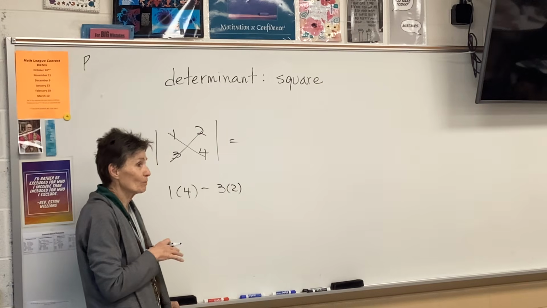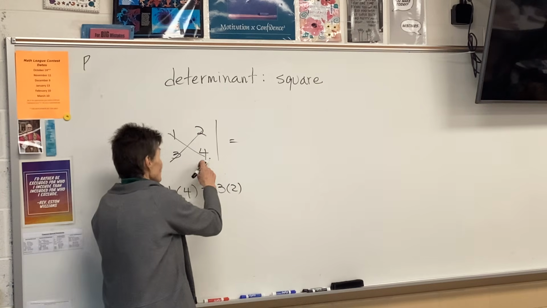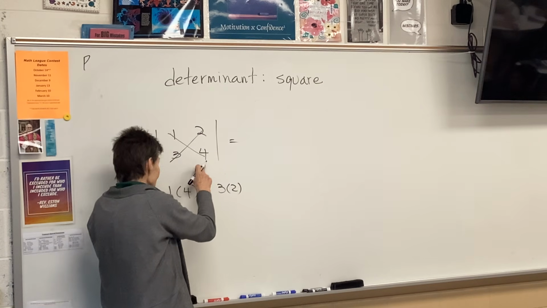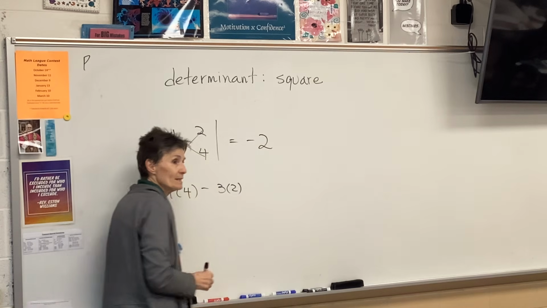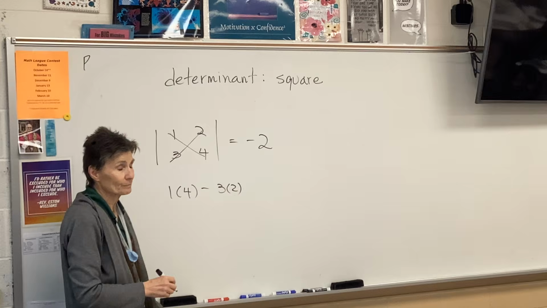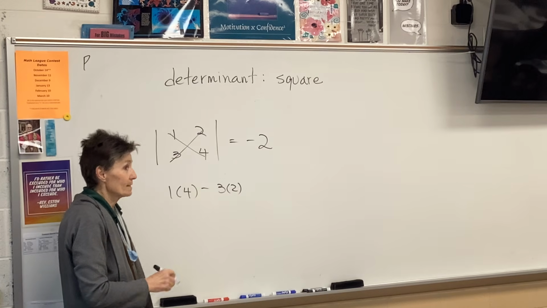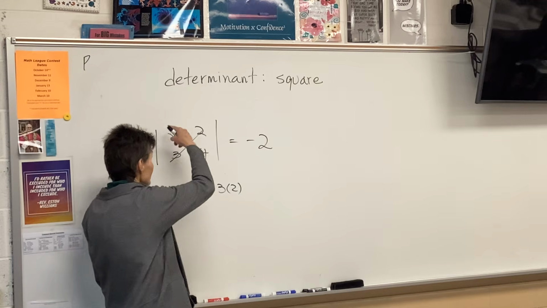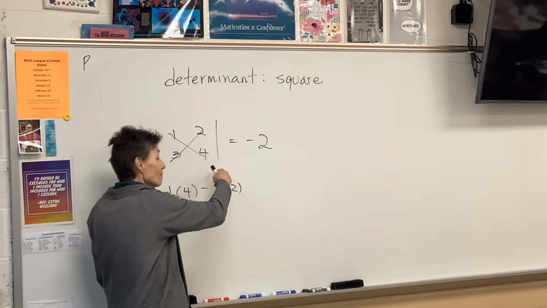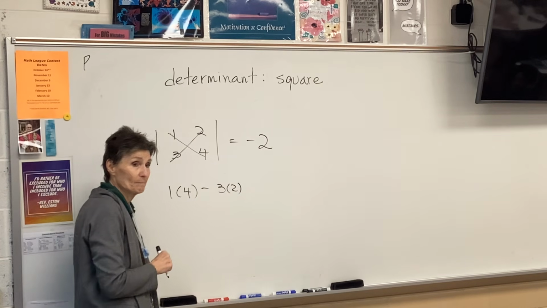So 1 times 4 minus 3 times 2. The answer to the problem is negative 2, a single number calculated by doing this minus that.